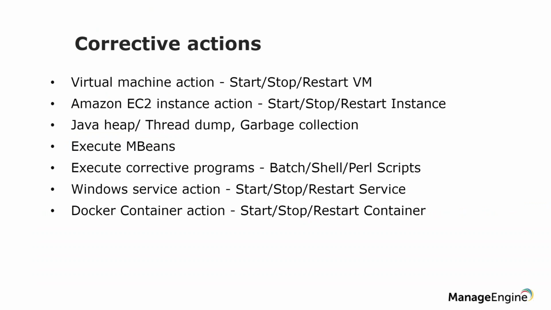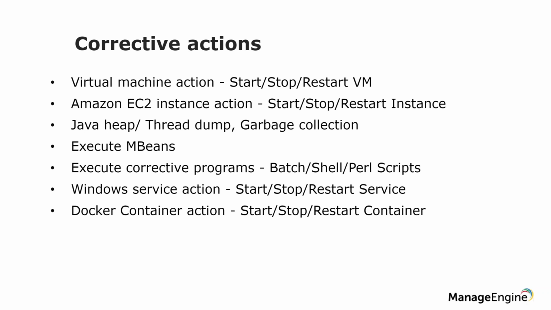So virtual machine action, Amazon EC2 instance, execute program, Windows service action, Docker container action. These are specific to these monitors alone. For example, with virtual machine action, you can start, stop, or restart the virtual machine. With Windows service action, you can start, stop, or restart these services.